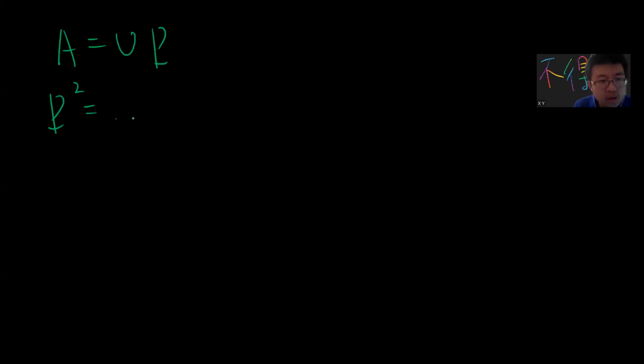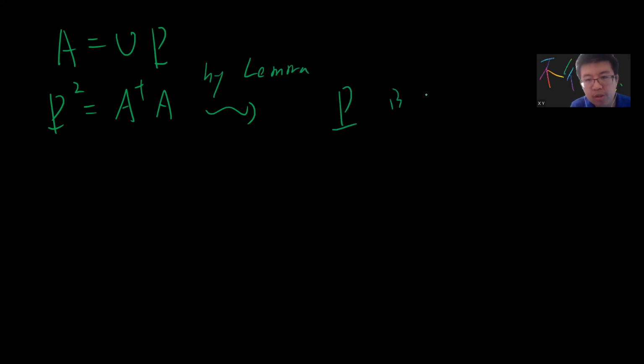Let's say A is UP, so it means that P squared is A dagger A. If there is a decomposition like this, then P squared is always A dagger A. But this means that by the lemma, P is unique, because the positive self-adjoint square root must be unique.